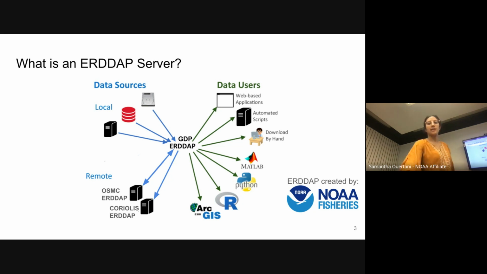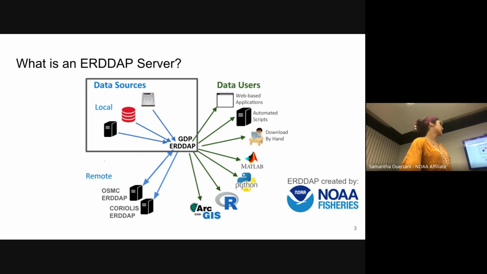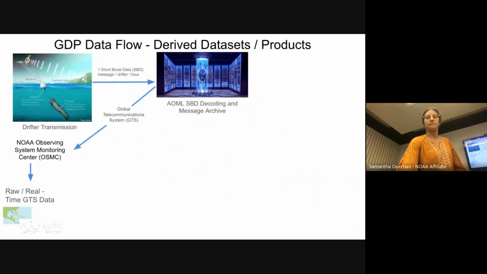So let's start moving through this diagram by looking at the top left, looking at local data sources that feed into the Global Drifter program's ERDDAP. So here's an overview of the data flow that happens here at the Data Assembly Center to generate our local files.